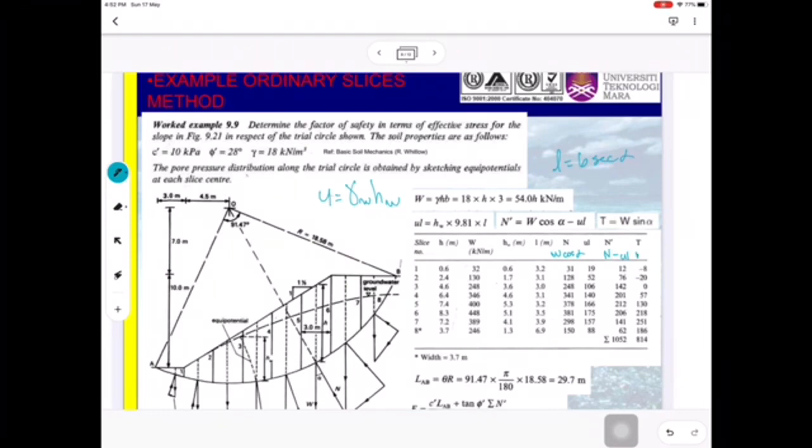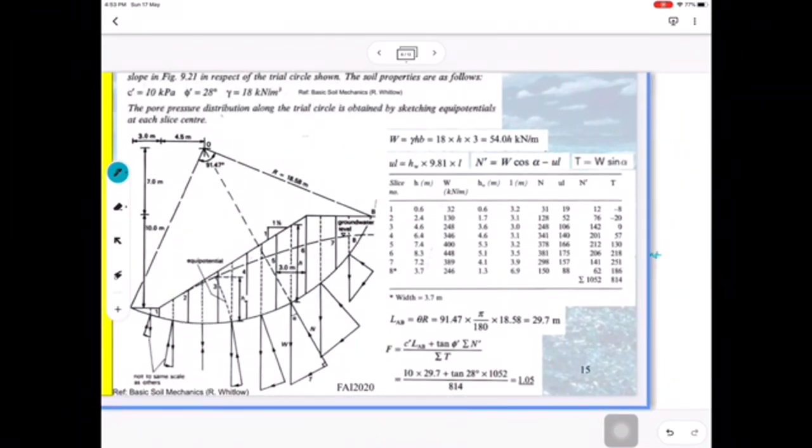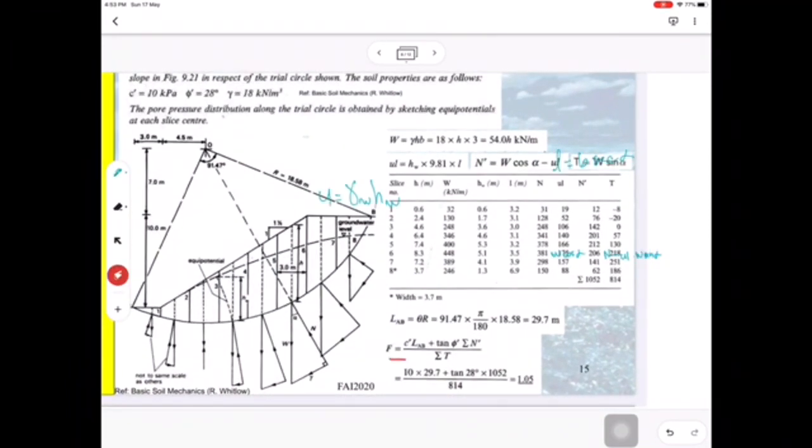T is W sin alpha. Okay, that is T. So sum for N prime and sum for T. So you will use this equation.